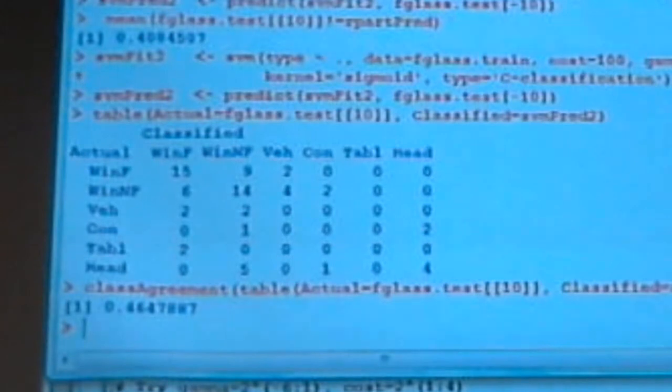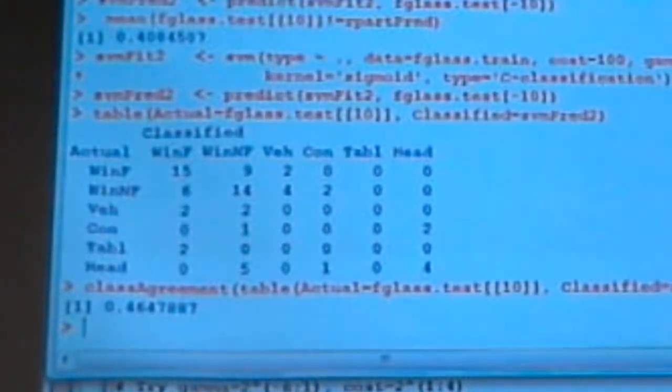So basically, you can run this. This is even worse, isn't it?